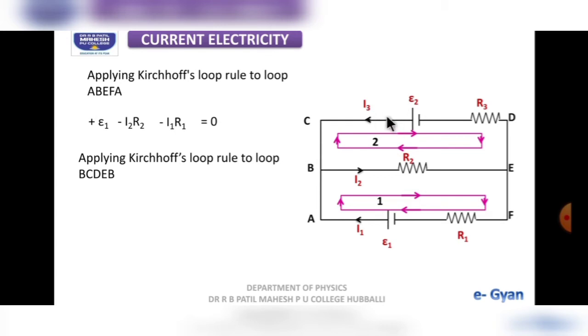Hence, product of I3 and R3 is taken as positive. For this branch, direction of loop and direction of current are opposite to each other. Hence, product of I2 R2 is taken as positive. Then we can show that minus E2 plus I3 R3 plus I2 R2 is equal to 0. Hence, this also proves Kirchhoff's loop rule. This is the explanation for Kirchhoff's loop rule.